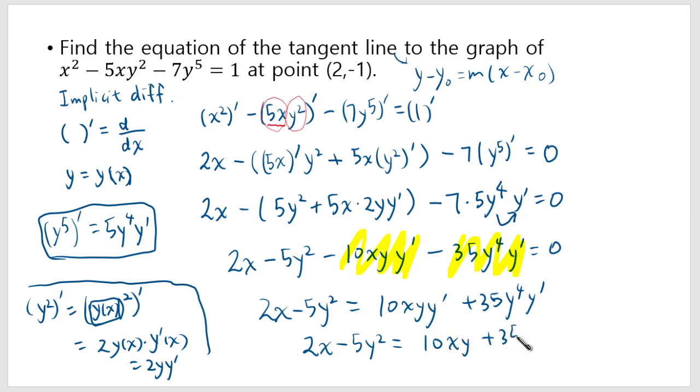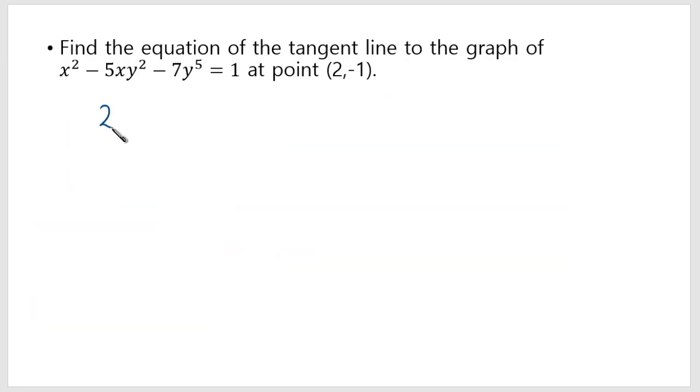So I'm going to factor out the y prime, and since I'm out of room, let me copy this again. 2x minus 5y squared equals, you have 10xy plus 35y to the fourth y prime. That's what I had.